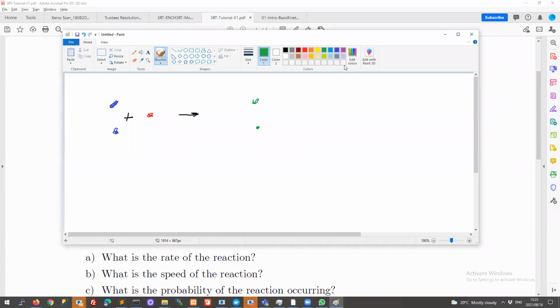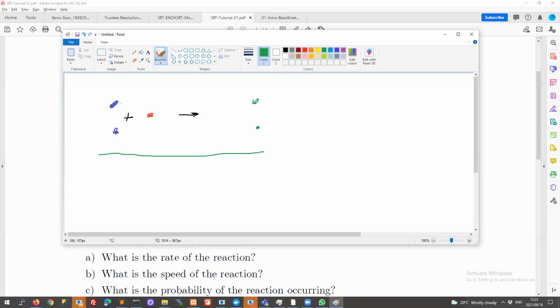Number one, is it the amount of time it takes for this to complete? You've got 3 molecules that need to combine here and give us some product there, and then you've also got a sequence of steps that will influence that.